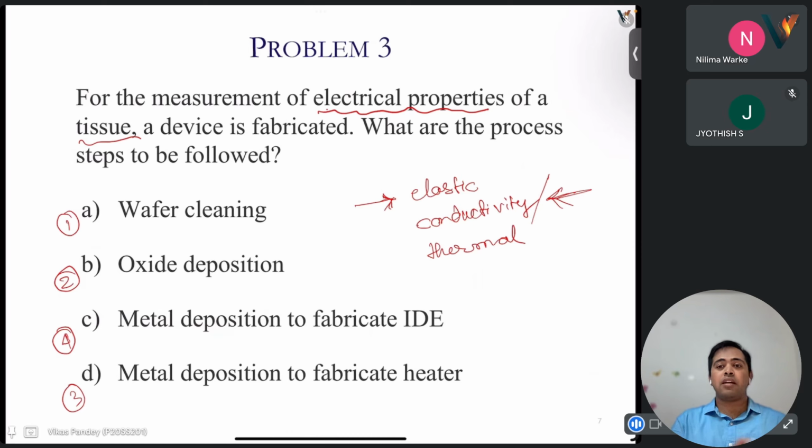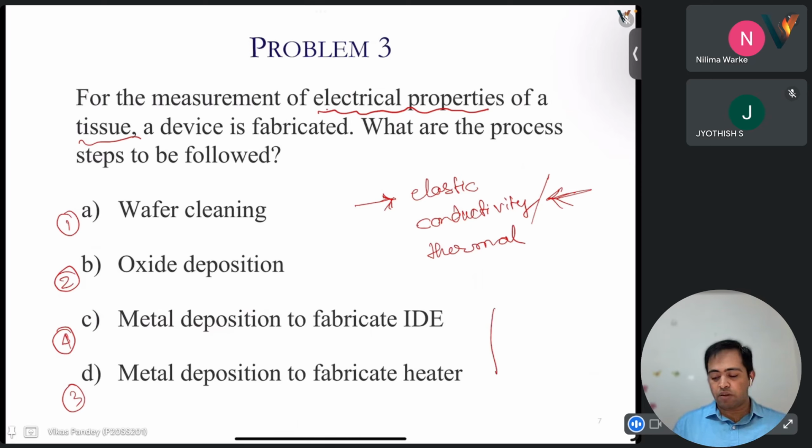And when you actually do the fabrication, you will find that if you overcook or undercook something, it will taste different. Similarly, if you do some step more than required, it will get damaged, and if you do something less, it will have some problems. So every time, the first step certainly is wafer cleaning.